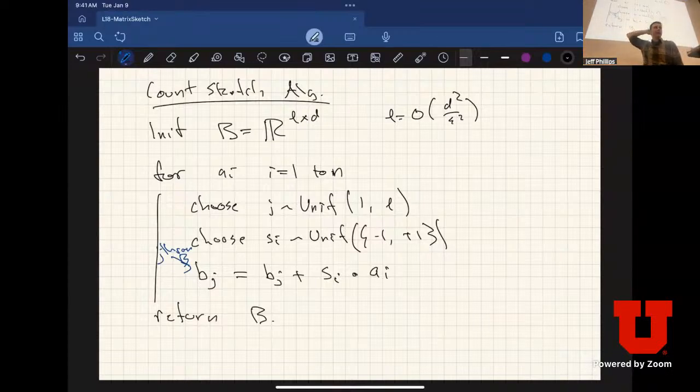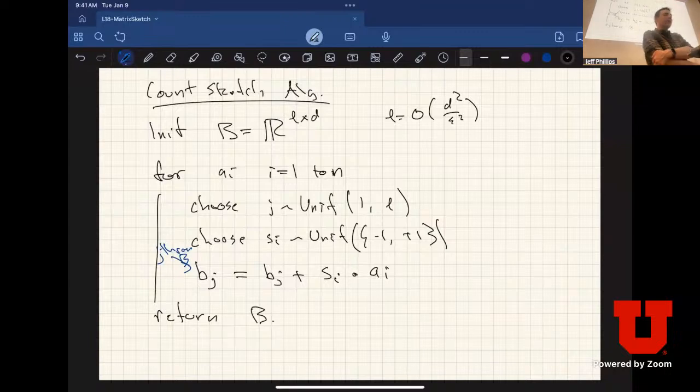Now the idea is that the column information of B is going to be captured up to a sign, some things I've added or subtracted on top of each other, randomly combined together.